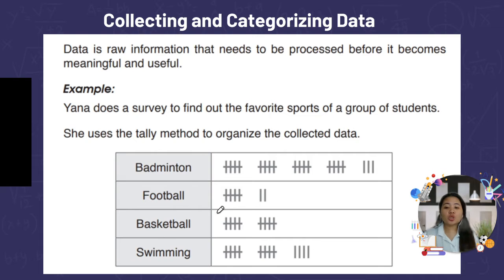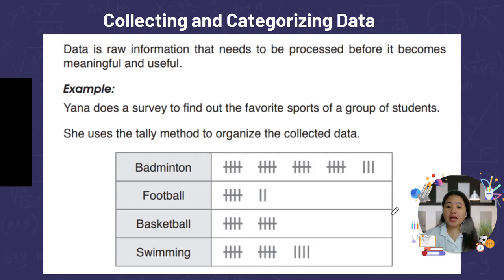Next, let's go to football. 5, 6, 7. So there are 7 students who like football. Next, basketball. 5, 10. So there are 10 students who like basketball.